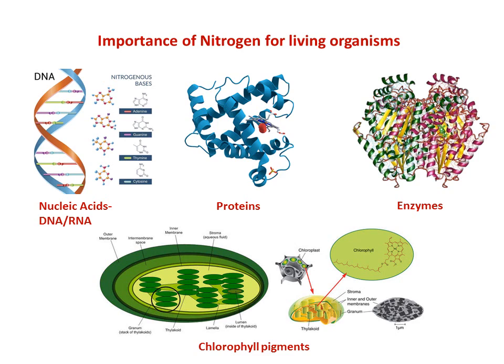Without DNA, no proteins. Proteins are the building blocks of all living organisms, and most enzymes are also made up of proteins. In turn, these proteins are made up of amino acids, and these amino acids are made up of nitrogen.